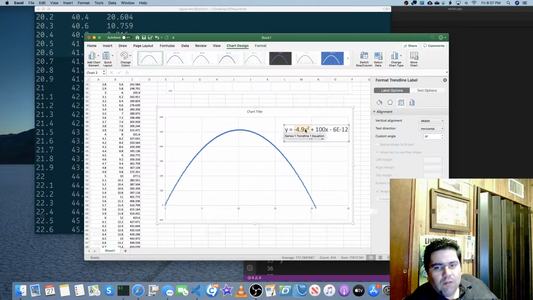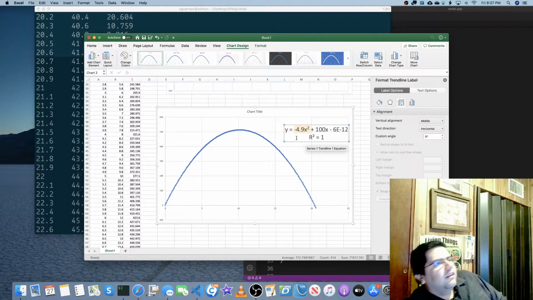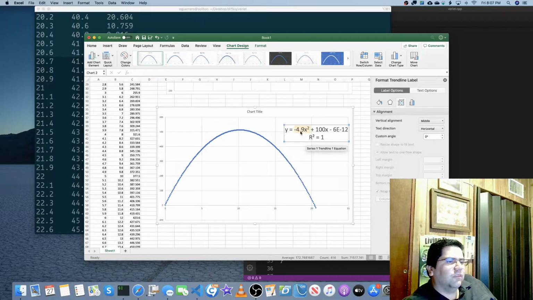If you remember, this constant right here is actually the gravity divided by 2. It's half the gravity. So if the gravity is 9.8, then half the gravity will be 4.9. So the reason why we have 4.9 here is not a coincidence.